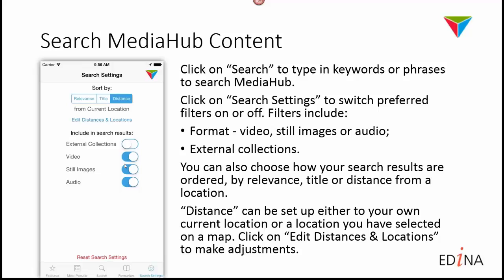And you can choose how you sort your search results. You can sort by the relevance of the search results, by their titles, just alphabetically, or by distance. And you can do that quite cunningly. You can do that either for the location you're actually in, and when you click Edit Distances and Locations, it will try and find where you currently are. Or you can do it for any location you fancy, using that as your center point.